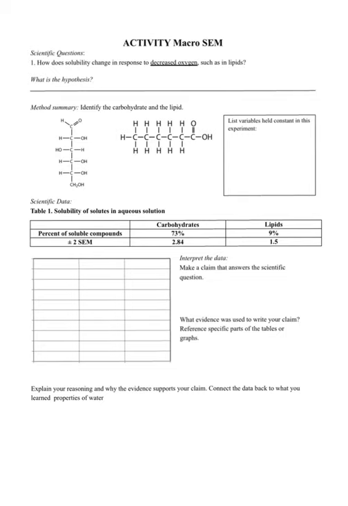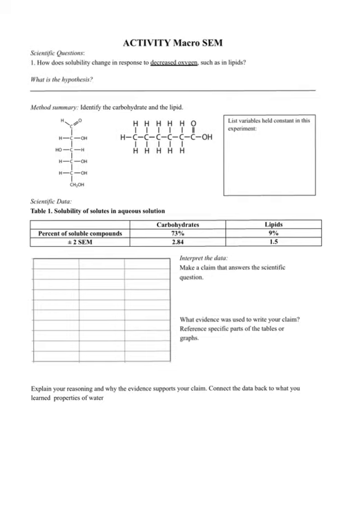What we have here is a scientific question. This activity is asking, how does solubility change in response to decreased oxygen, such as in lipids? So this is an example of our classic lab design stuff. I want to point out the independent and the dependent variable.